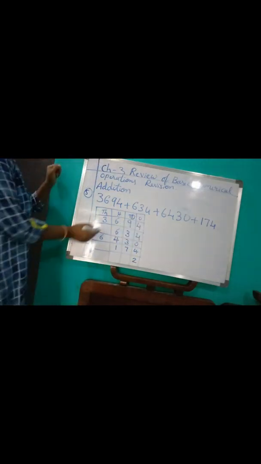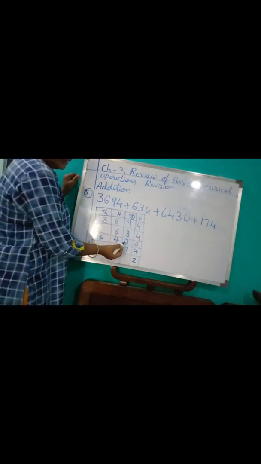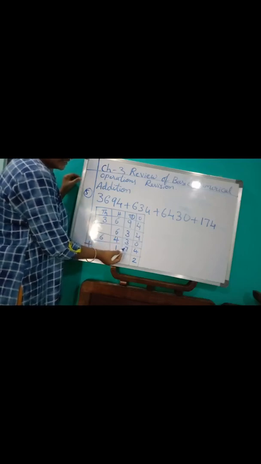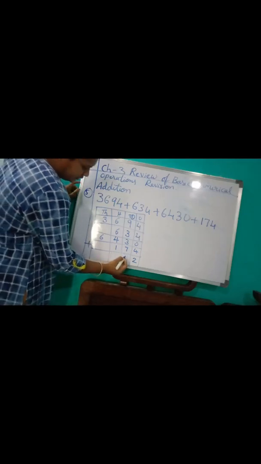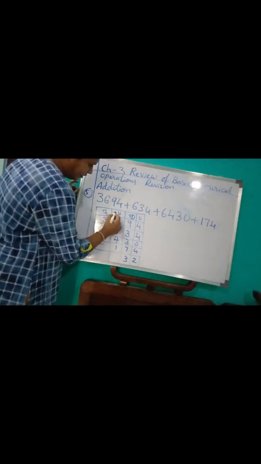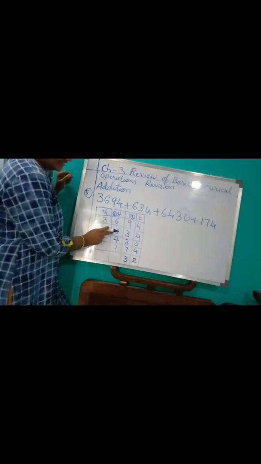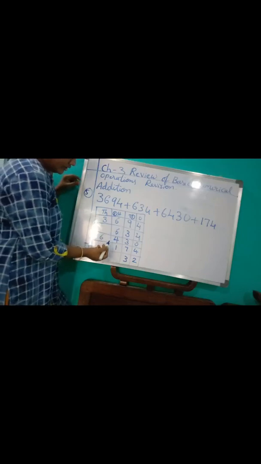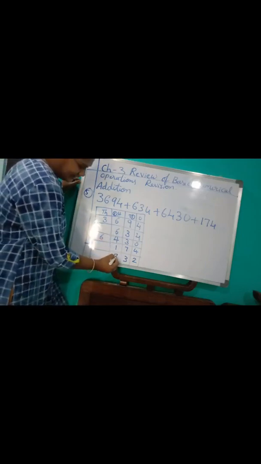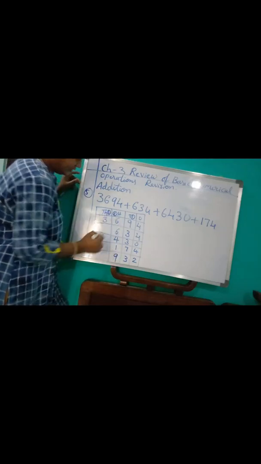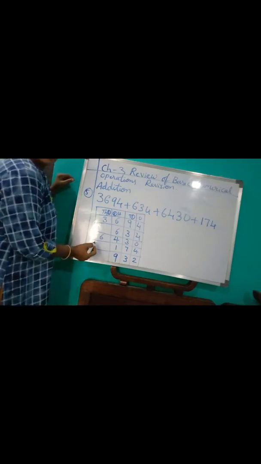9 plus 1, 10. 10 plus 3, 13. 13 plus 3, 16. 16 plus 7, 23. 3 here, 2 carry forward. 6 plus 2, 8. 8 plus 6, 14. 14 plus 4, 18. 18 plus 1, 19. 9 here, 1 carry forward. 3 plus 1, 4. 4 plus 6, 10.